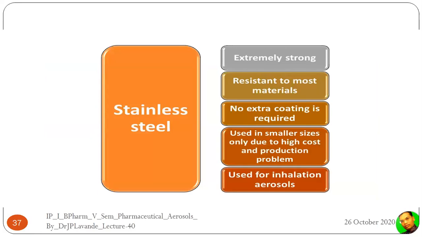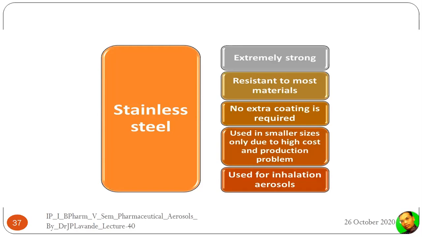Then the stainless steel. If you see the stainless steel, that is an extremely strong container for the aerosol. These are resistant to most of the materials. No extra coating is required, usually in smaller sizes, only due to high cost and production problems.